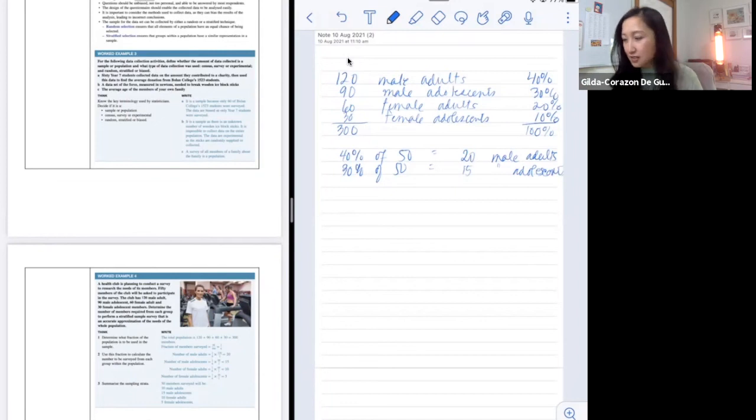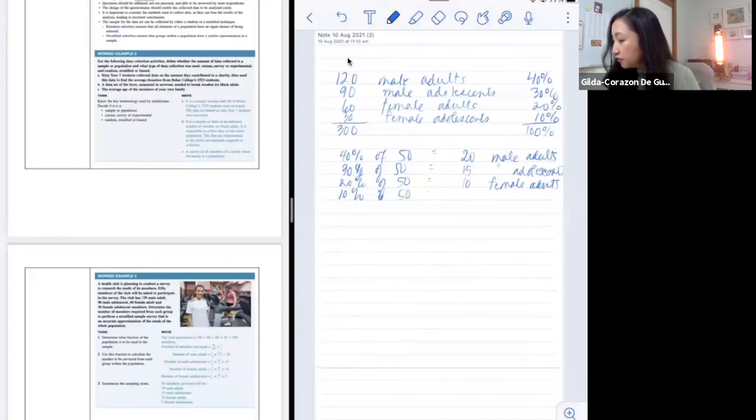Does that make sense? And then the next one would be 20% of 50, and 50 times 0.2, you get 10 female adults. And then lastly, you've got 10% of 50, then that's half of 10.